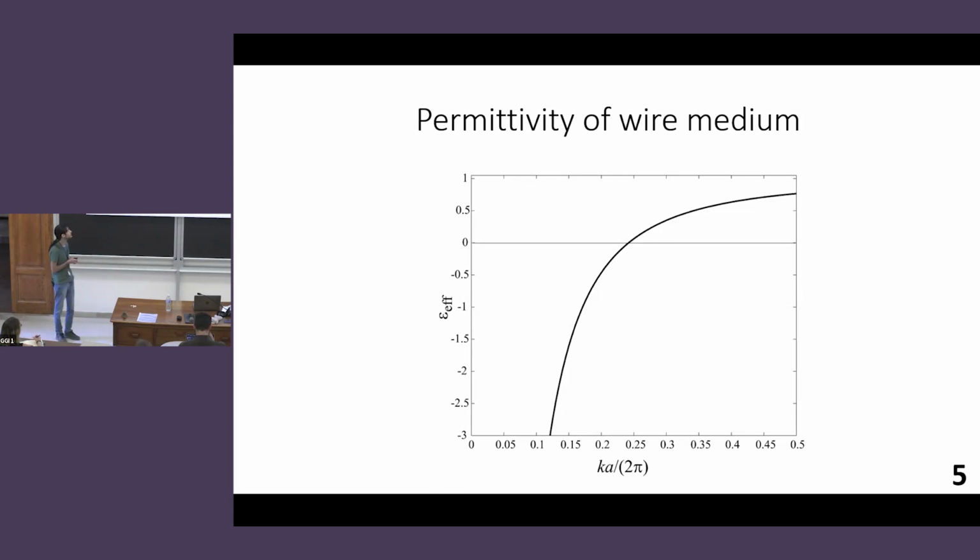This graph is unitless, but typically for wire metamaterials the plasma frequency would be somewhere around hundreds of megahertz, gigahertz, possibly terahertz if we're talking about nanoscale metamaterials based on aluminum and so on.